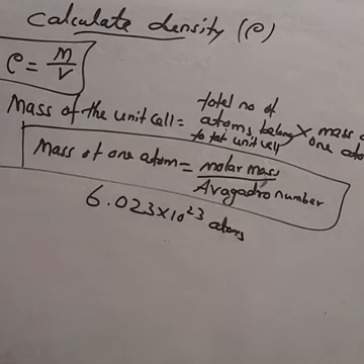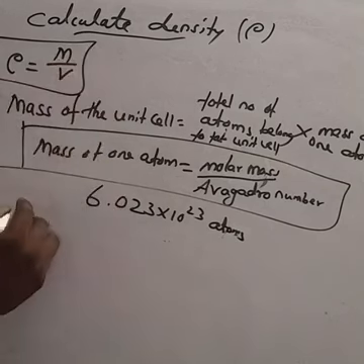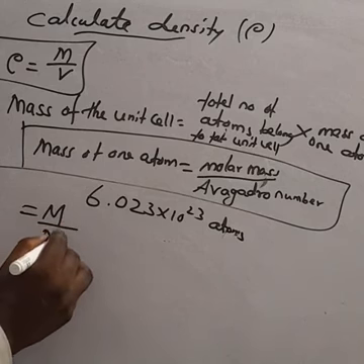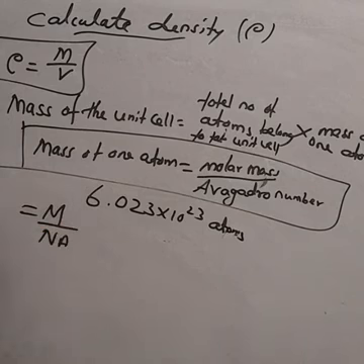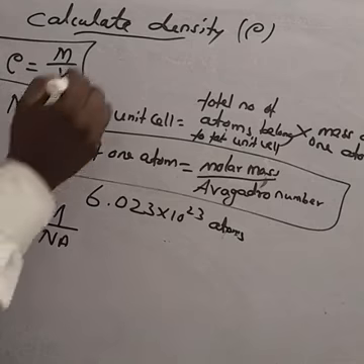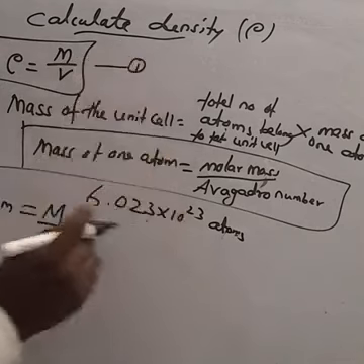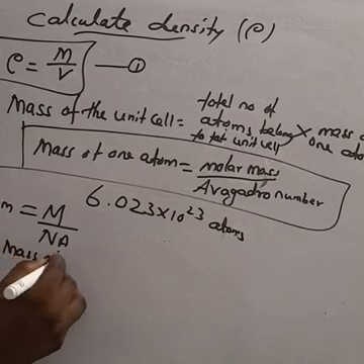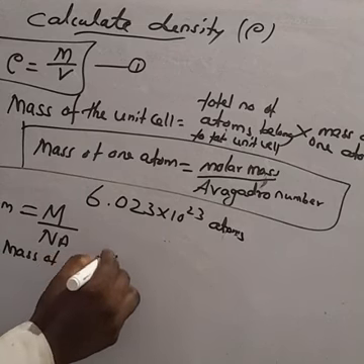So the mass of one atom, m, is equal to molar mass, capital M, divided by Avogadro number, written as Na. So the mass of the unit cell is equal to N into M divided by Na.